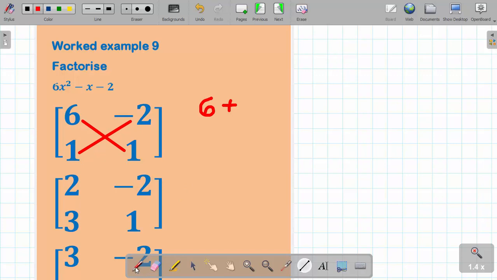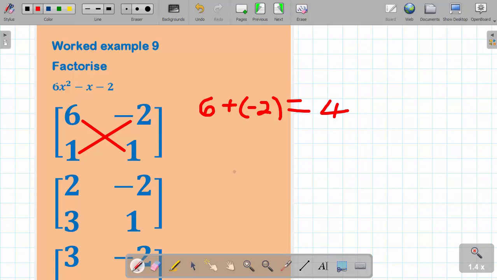So 6 plus negative 2, what do we get, guys? It gives us 4. But check this out again. This 4 is not here, so that's not correct.